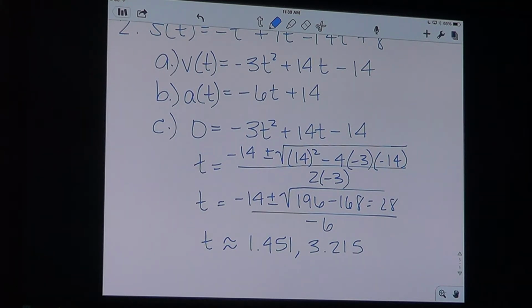I got the 3.21, but I can't figure out how to get the other one. You did negative 14 minus the square root of 28? Well, I factored out 2. So I have negative 7 plus square root of 7, or minus 7.